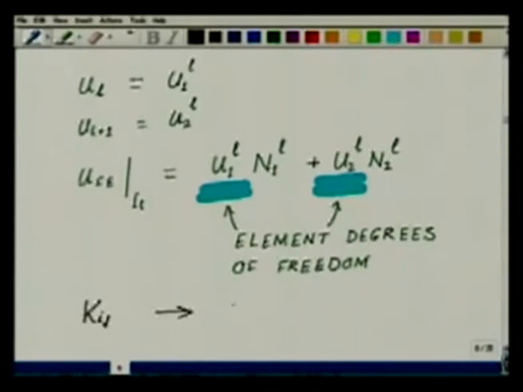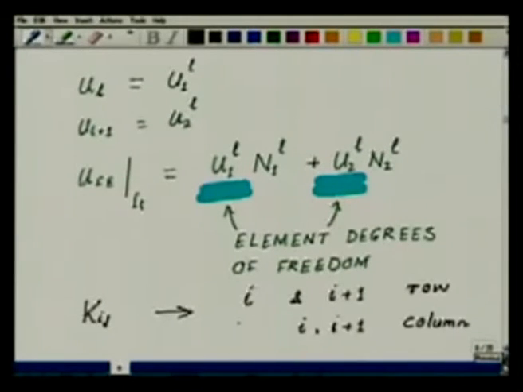So it comes that for rows I and I plus 1 globally, and for these rows, which columns? So the columns will be I minus 1, I and I plus 1 column. So these rows and these columns are the ones to which the element contributes.